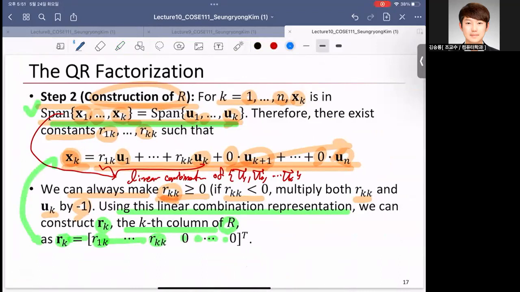In other words, x_k is equal to u1, u2, up to un times r_k, right? r_k consists of the weights for the linear combination of u1, u2, up to uk for the vector x_k.